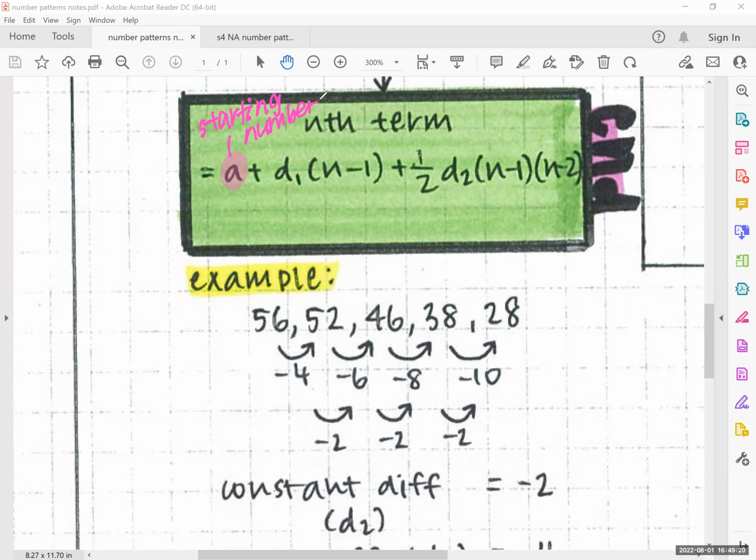Okay. D1 means the first layer of constant difference. Then D2 is second layer constant difference.